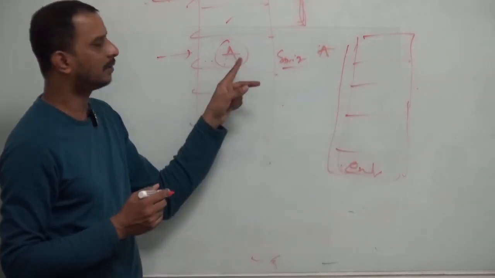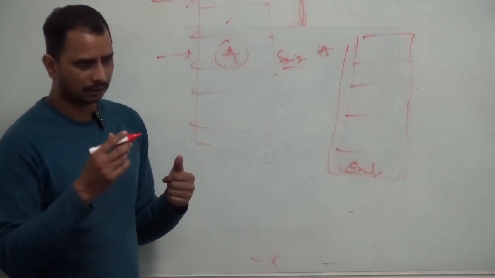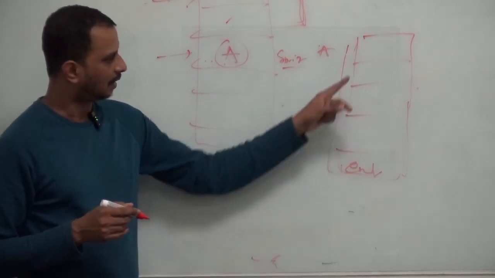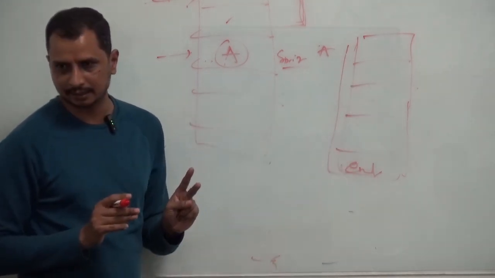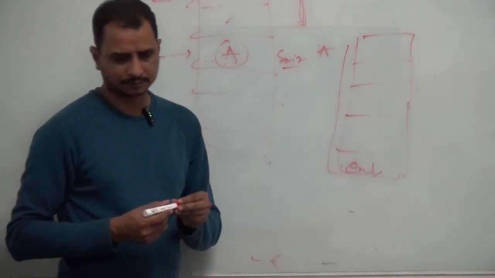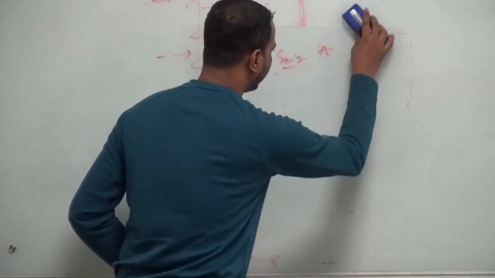And from here the program will take care of this. Your C# runtime will take care of how to get the entire data. Okay, so this is value type and reference type.